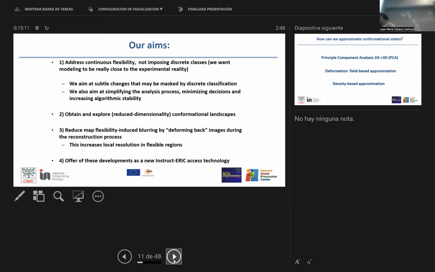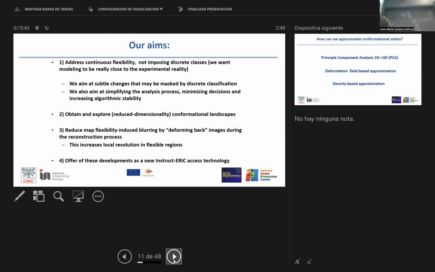Once we are able to know, for each image, the difference of the macromolecule that gave rise to that particular image, we can derive new reconstruction algorithms that take into account the fact that not all projections are coming from the same macromolecule.